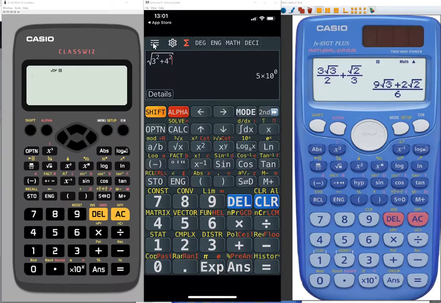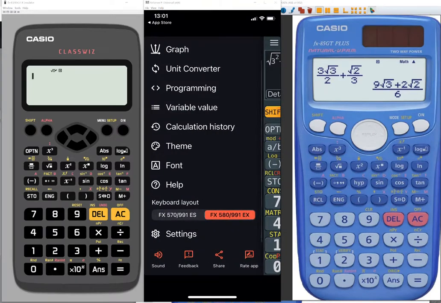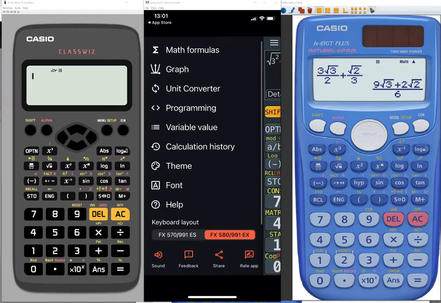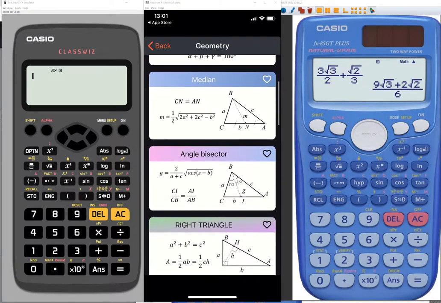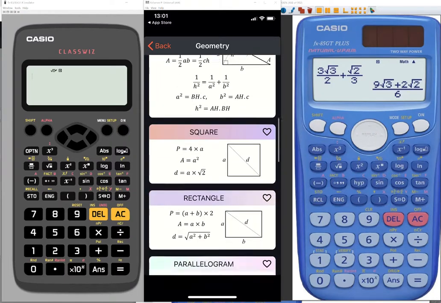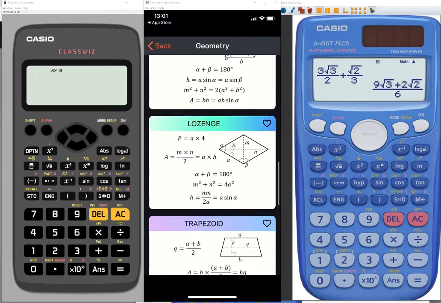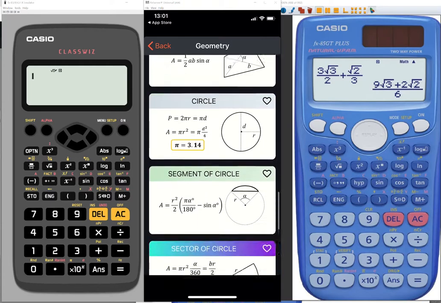So let's do a calculation just while we're in here. We're just going to remind ourselves of some maths by looking in maths formulas. Let's go into geometry. Let's take something pretty difficult like the cosine rule or something, if we can find it.